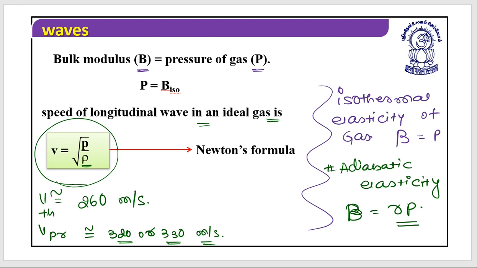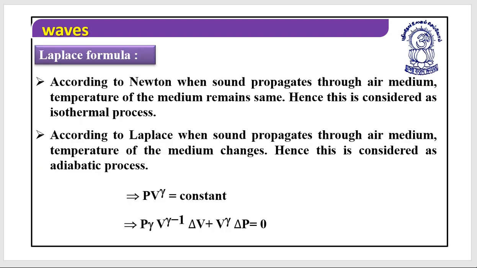When this happens, we understand there is some error, and some correction is required in this formula. So Laplace then gave the correction, and let's discuss what correction he gave.